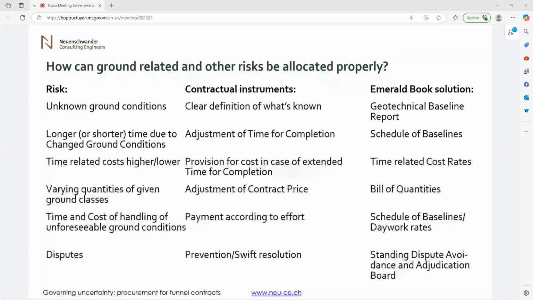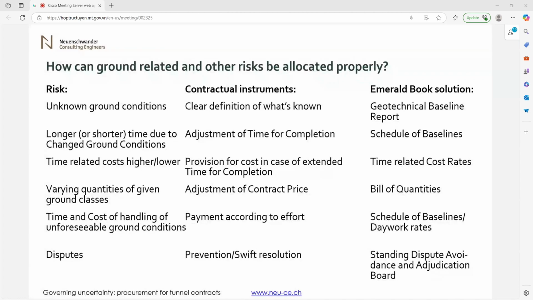We may have time and cost. We will have time and cost of handling of unforeseeable ground conditions. When we run into unforeseeable conditions, there will be a time and there will be a cost. And there's a right for the time and for that cost, which may go through a claim.